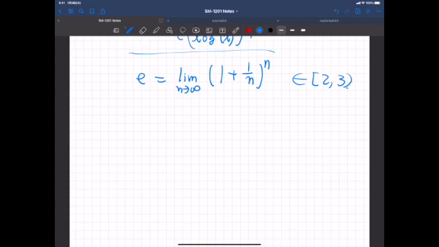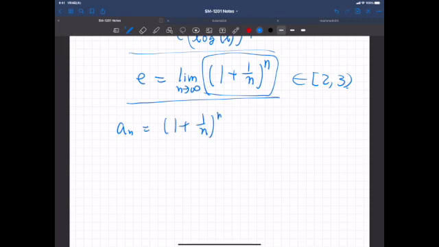Okay, to show that the sequence defined by this converges, first let's define a_n is (1 plus 1 over n) to the power of n. We want to show this sequence converges.